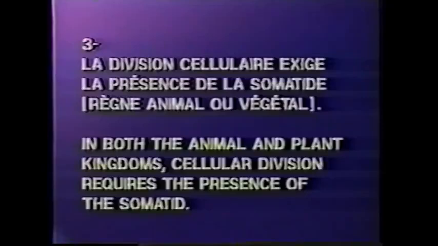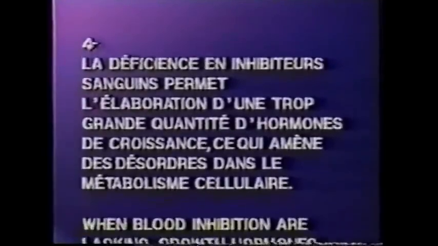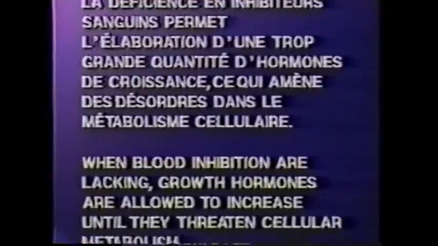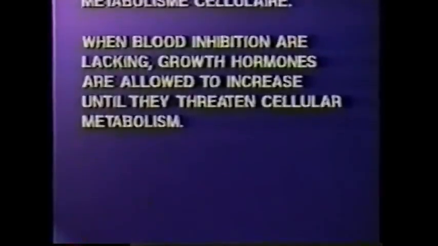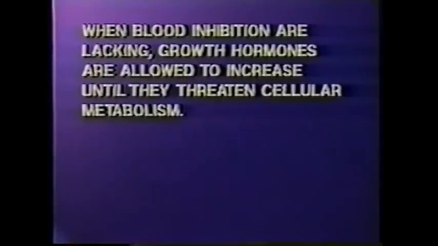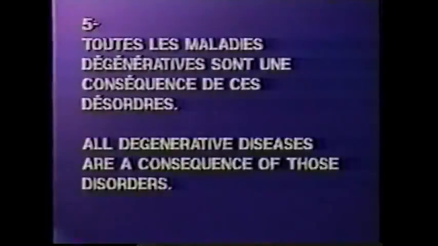In both the animal and plant kingdoms, cellular division requires the presence of the somatid. 4. When blood inhibitors are lacking, growth hormones are allowed to increase until they threaten cellular metabolism. 5. All degenerative diseases are a consequence of this disorder.